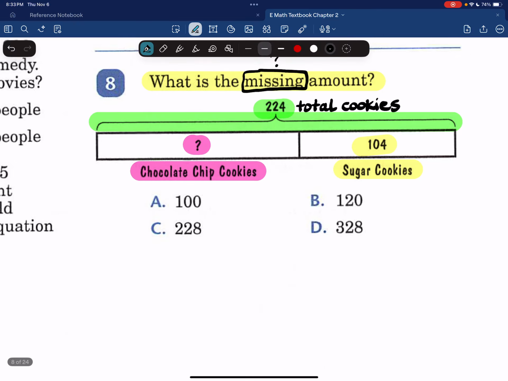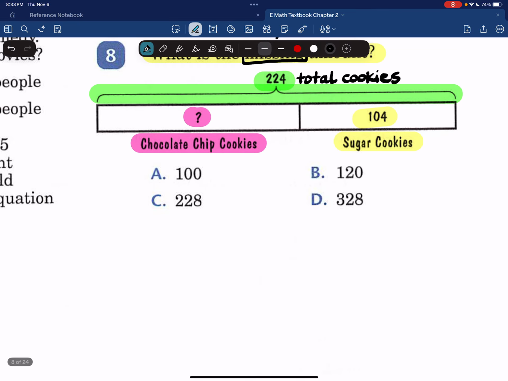So let's write an equation. We know that the question mark, the chocolate chips, plus the sugars give me a total of 224 cookies. So that's our equation. Let's put a box in here.